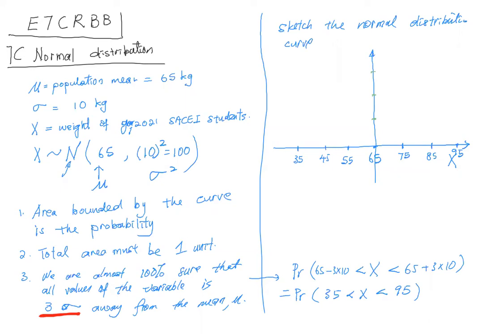The mode, the mean, and the median are the same. So this is the highest point, the mean, the mode, and also the median. It is symmetrical on both sides, so it has 2 inflection points.